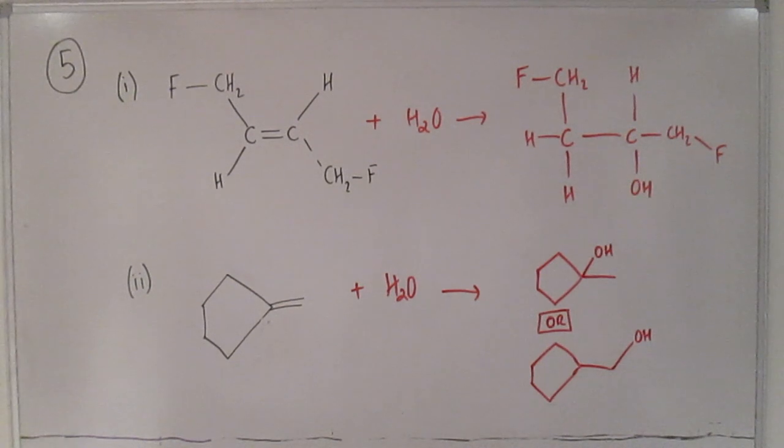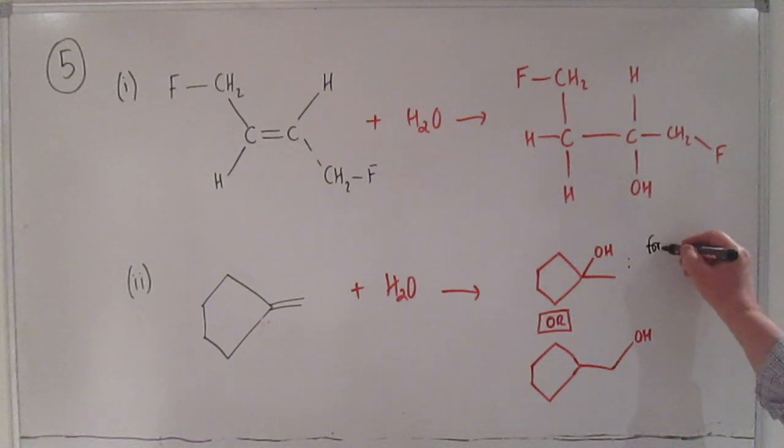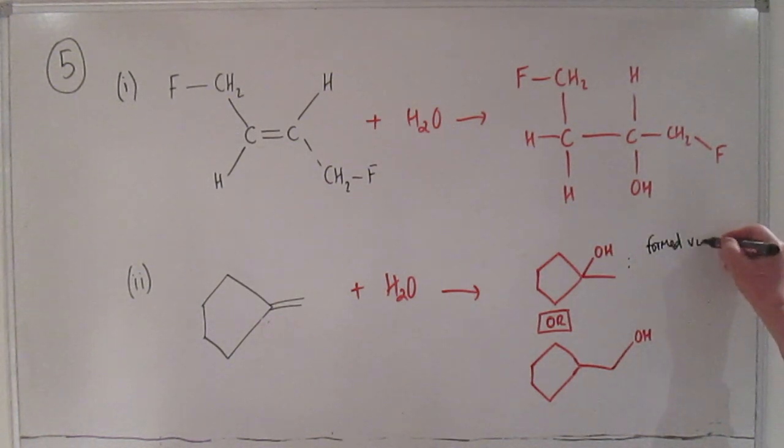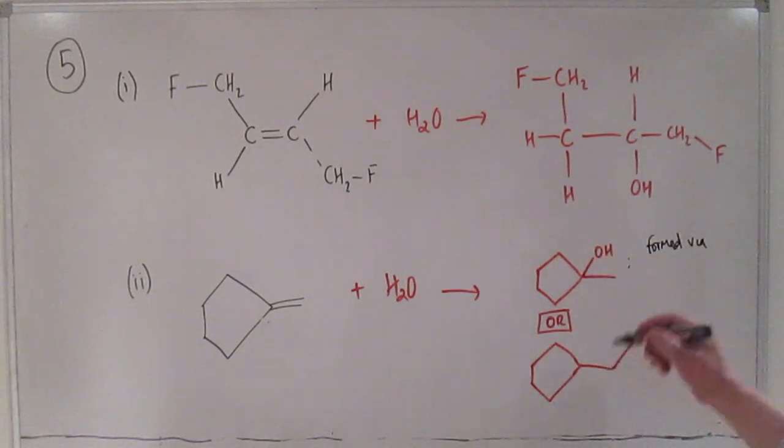It's about remembering that when you think about the mechanism of the reaction, it goes via a carbocation intermediate, that positively charged intermediate. If you don't remember that, you need to look back at the alkene chemistry, because that's a mechanism you need to know all about. So this one would be formed via a carbocation that basically has a positive charge where the OH ends up.